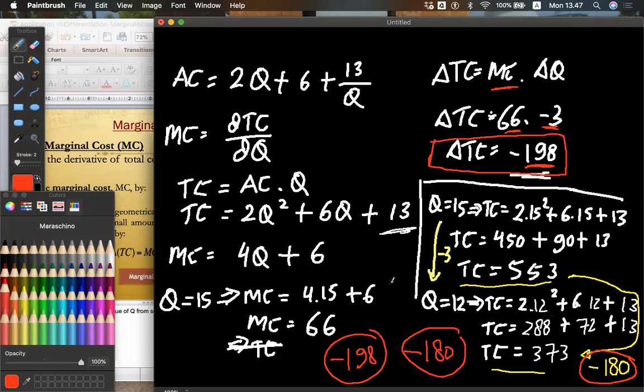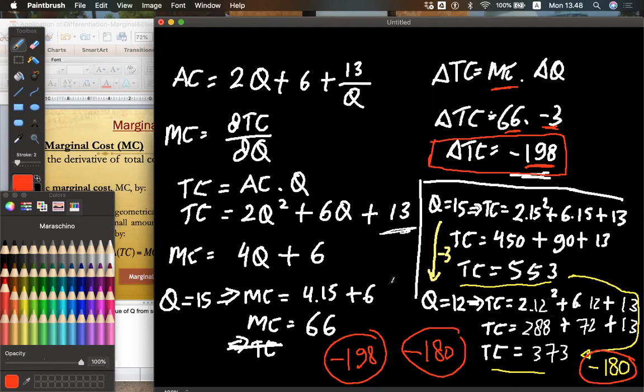So it will be about 2000 difference if the quantity is reduced by about 30 units. So decrease about 30. Minus 30 means about minus 2000 will be the change in the total cost.